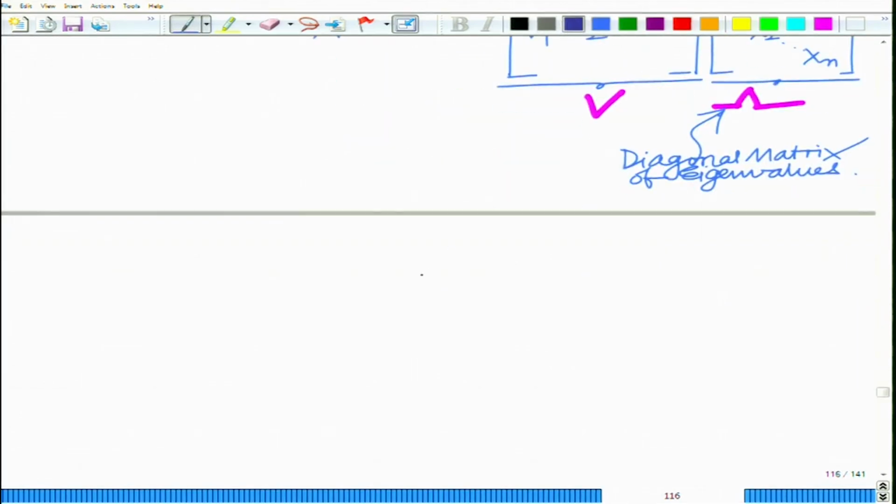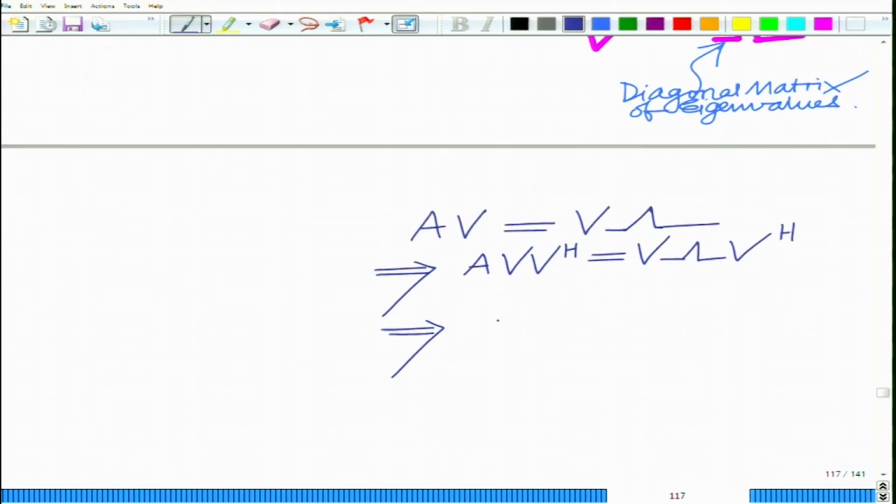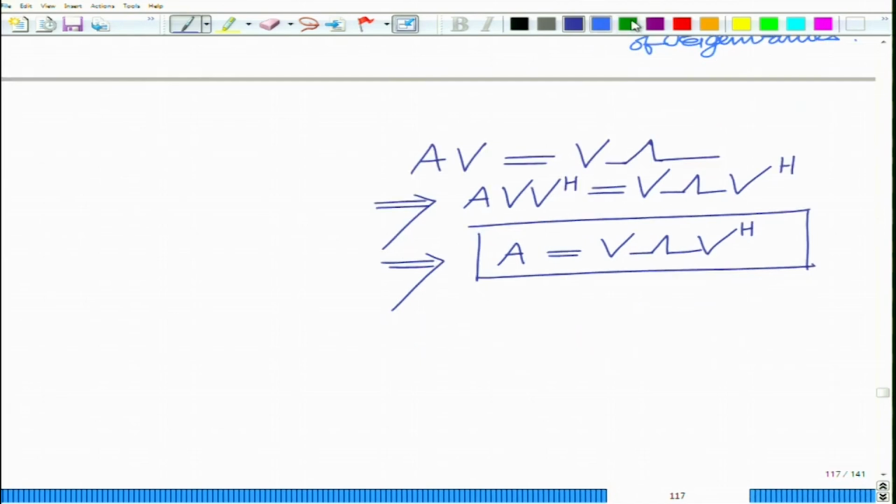So, we have A times V equals V times lambda. Multiplying on both sides by V Hermitian, A equals V lambda V Hermitian. This implies the matrix A, which is Hermitian symmetric, can be expressed as V lambda V Hermitian, where V is the matrix of eigenvectors and lambda is the diagonal matrix of eigenvalues.